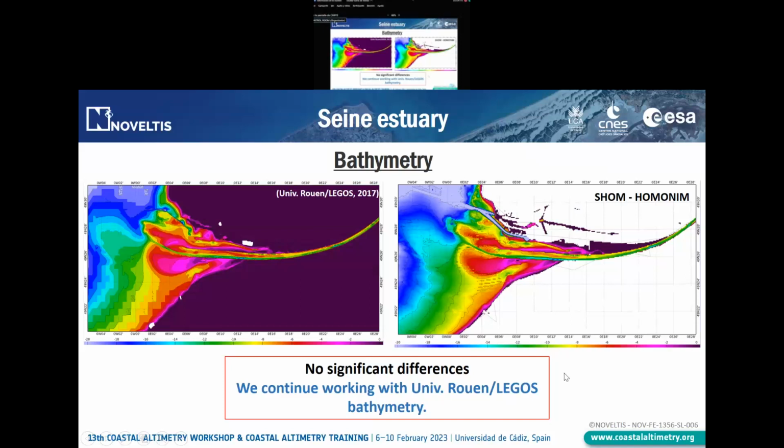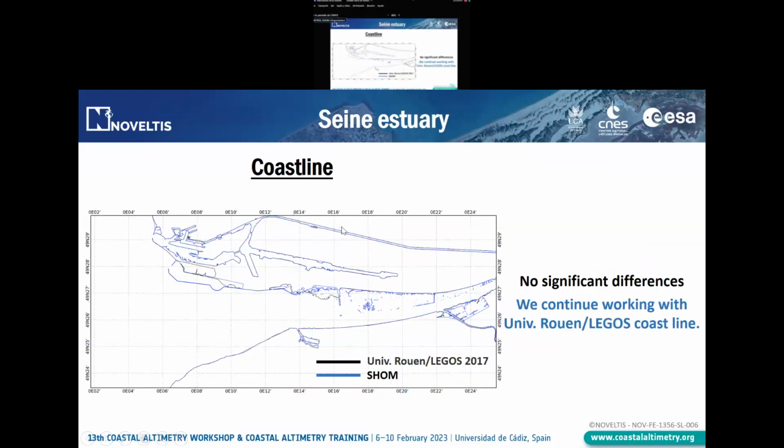In terms of bathymetry, we made several tests. We tested the bathymetry from LEGOS, developed in 2017, and also the new bathymetry of the SHOM. In terms of performance, we didn't see any significant difference, so we continued working with the LEGOS bathymetry. Also, we tested different coastlines.